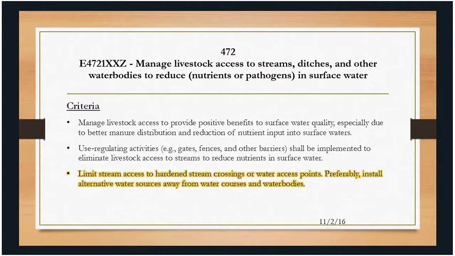The criteria are to manage livestock access, to provide benefits to surface water quality, get better manure distribution, and reduce nutrient input into surface waters, to use regulating activities like gates, fences, and other barriers to eliminate livestock access to streams, to reduce nutrients in surface waters. So they're looking for exclusion mainly.